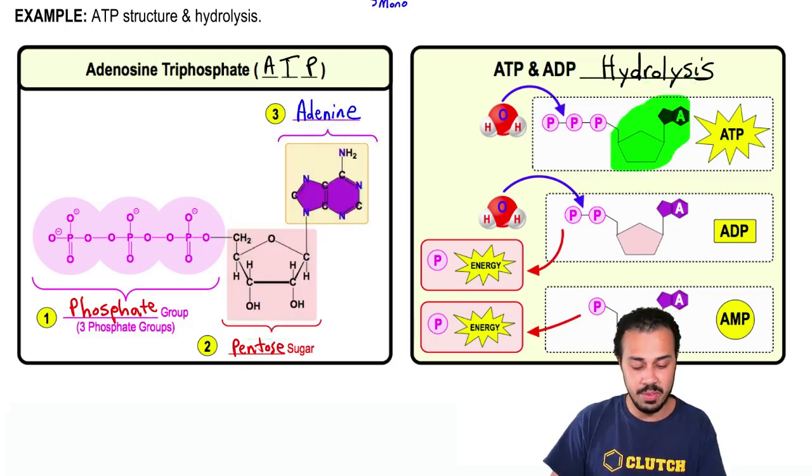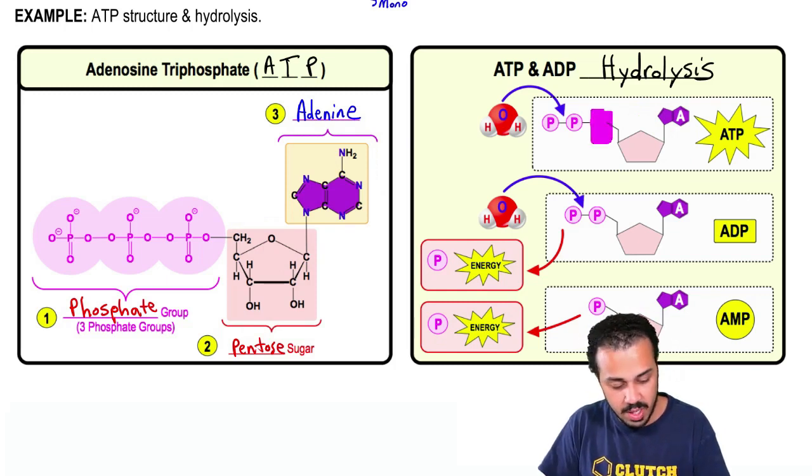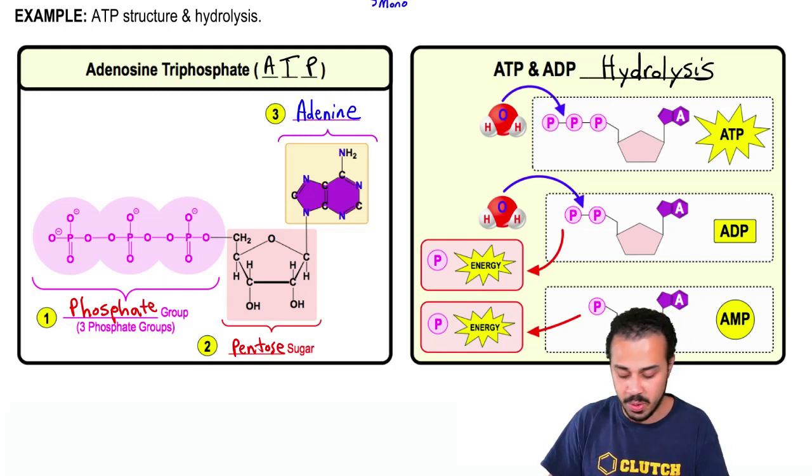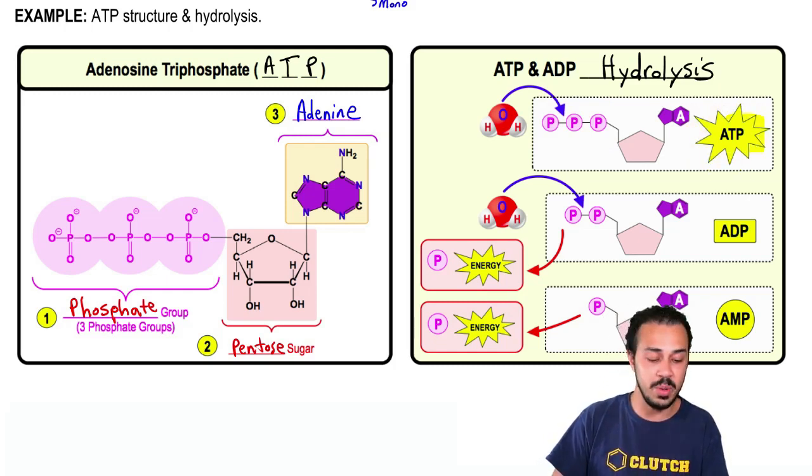And then the three phosphate groups are right here, 1, 2, and 3. And so you can also represent ATP by this symbol right here, and we'll be doing that a lot throughout the rest of our course, representing ATP as just the symbol right here.